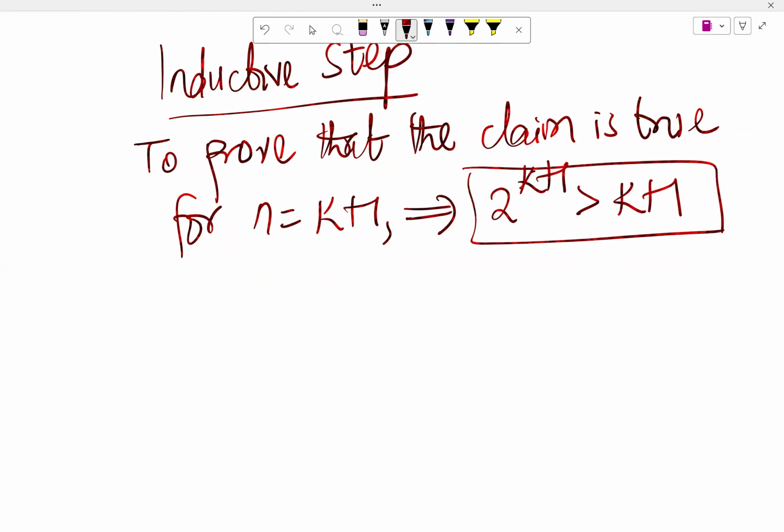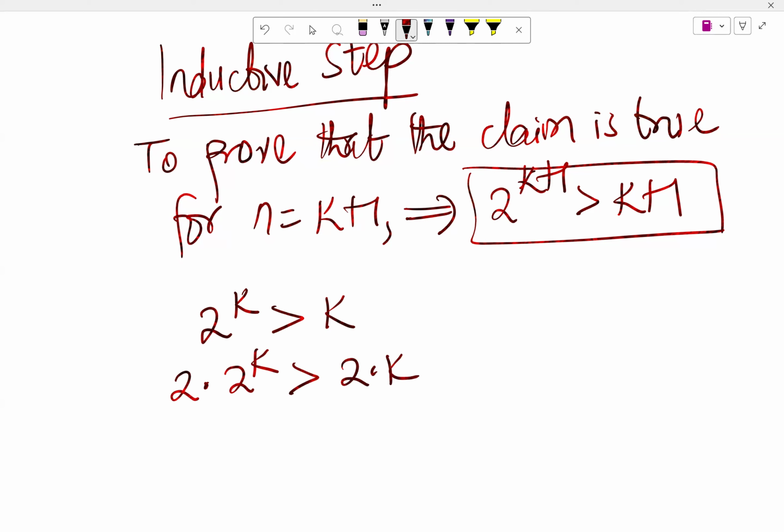Remember, for the inductive hypothesis, we had it that 2 raised to power k is greater than k. So see what happens here. If you multiply both sides by 2, you have 2 multiplied by 2 raised to power k is greater than 2 times k.